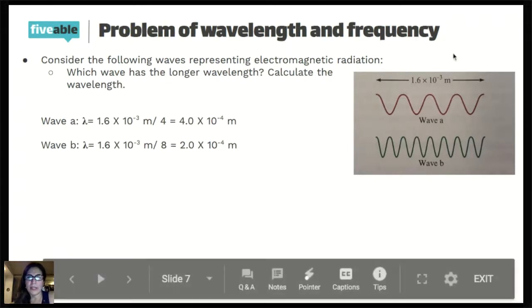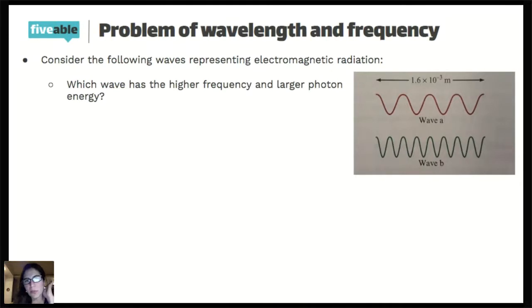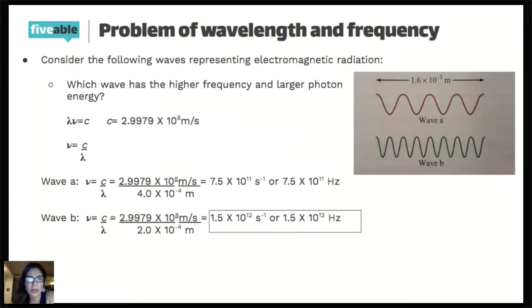So we use the data above to calculate the wavelength for each. And then they ask us which wave has a higher frequency and larger photon energy. So to do that, we solve for frequency on this equation, and we substitute the values, and we get that the green wave will have the higher frequency, which is obvious if we look at the diagram.